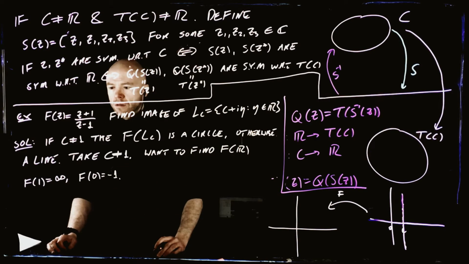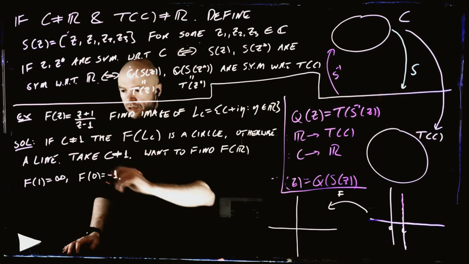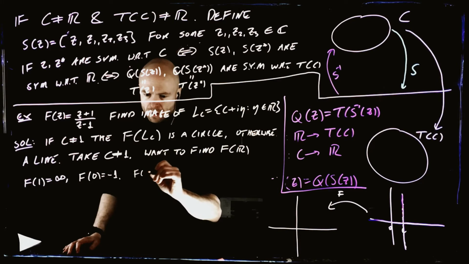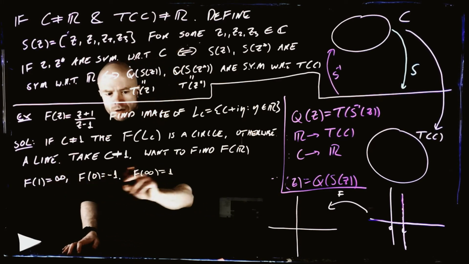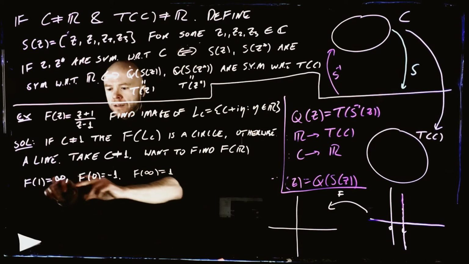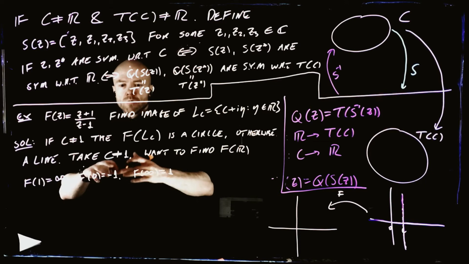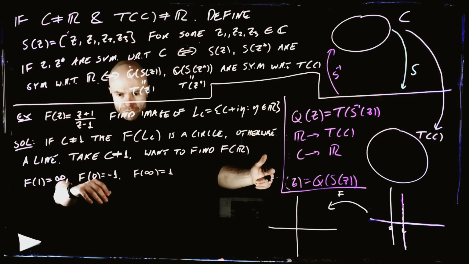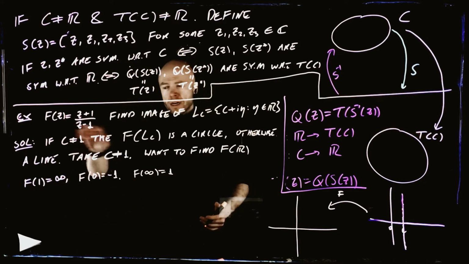And what else? And f of infinity is just equal to 1. So 1, 0, and infinity all belong to the real line, and these are all points on the real line, so the real line must be sent to the real line. Yeah? We know the real line will be a line because it does go through 1 itself, right?